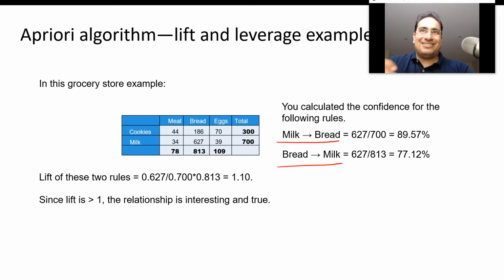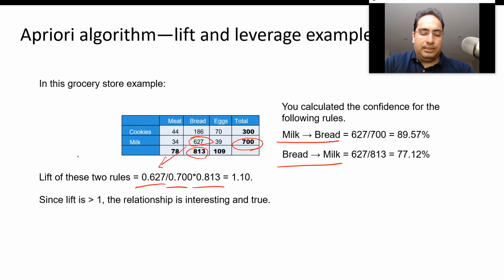This relationship in general is what we're looking for. So this is the popularity of them. How many times people buy milk, how many times they buy bread, and that's the support of them. And what is the support of both of them? This is what we put at the top.